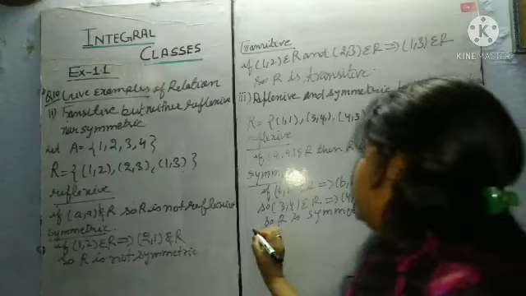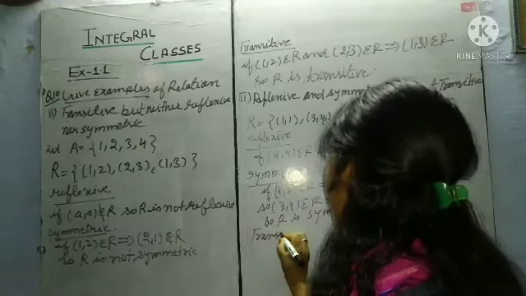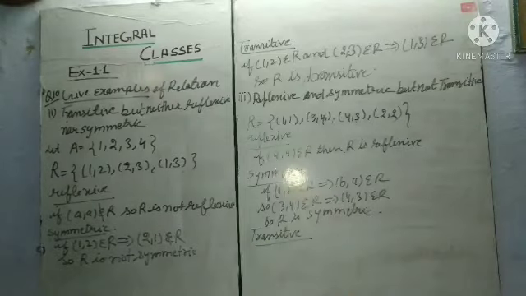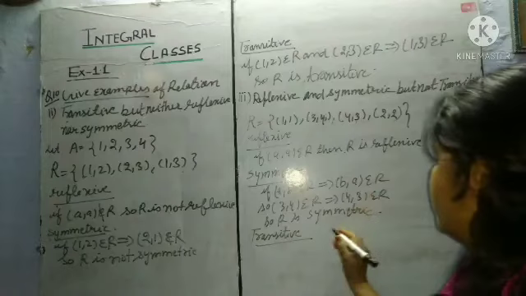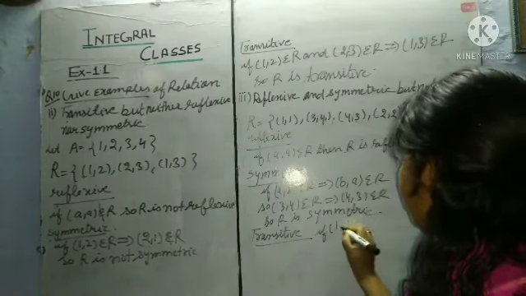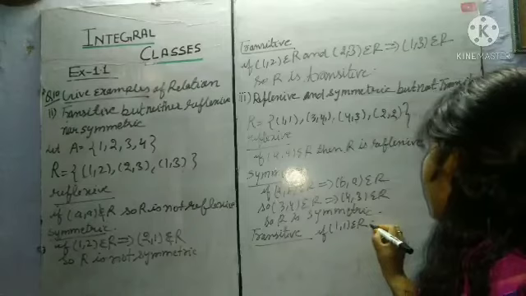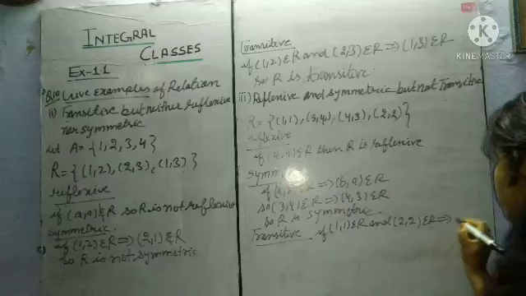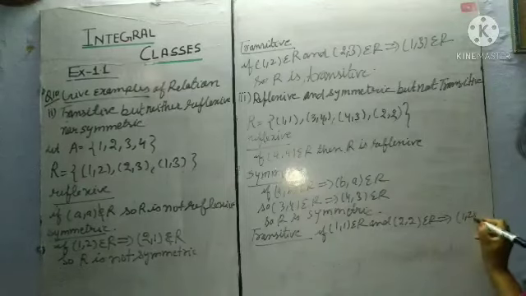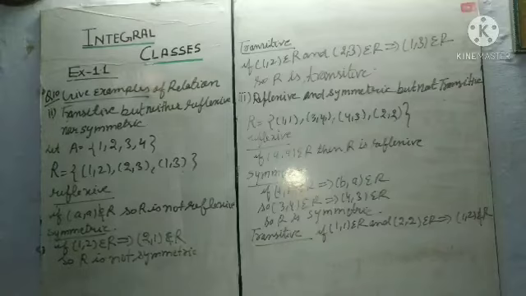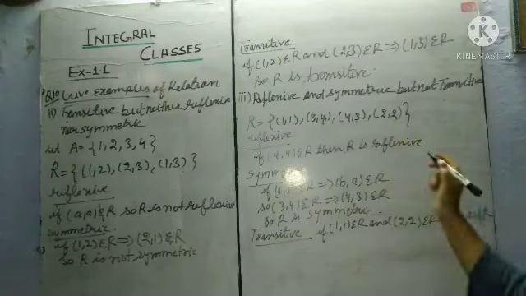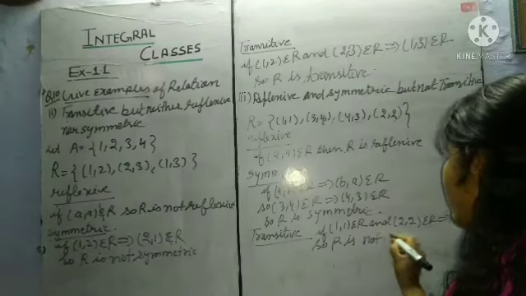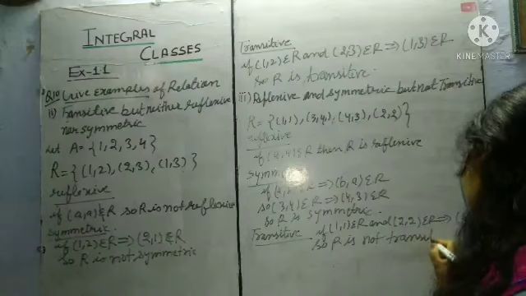Now for transitive, we will consider three pairs. Suppose 1, 3 belongs to R and 3, 4 belongs to R, so 1, 4 should belong to R. But here 1, 4 does not belong to R in our relation. So R is not transitive.